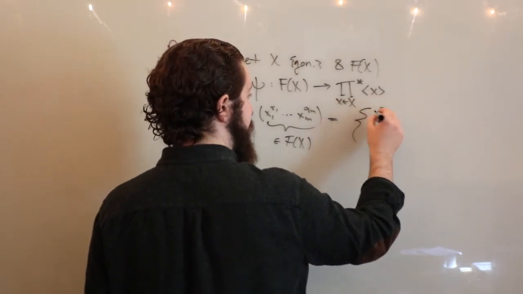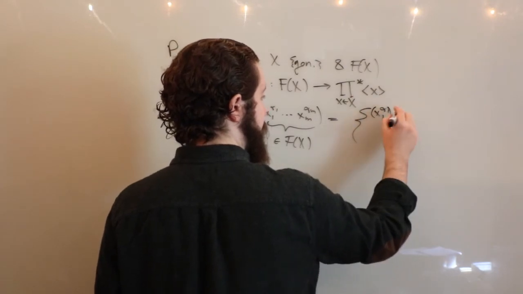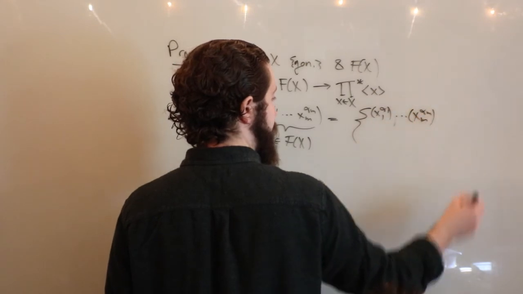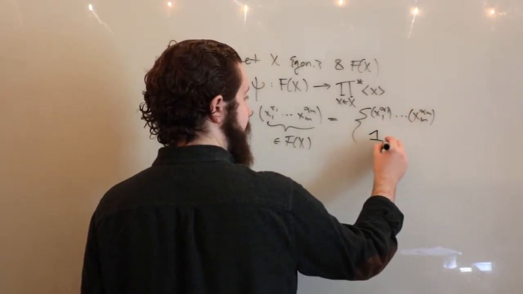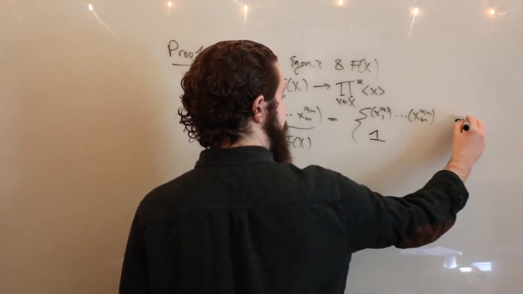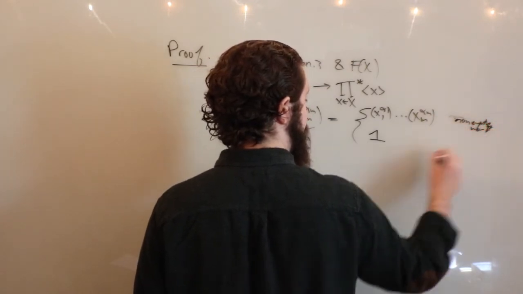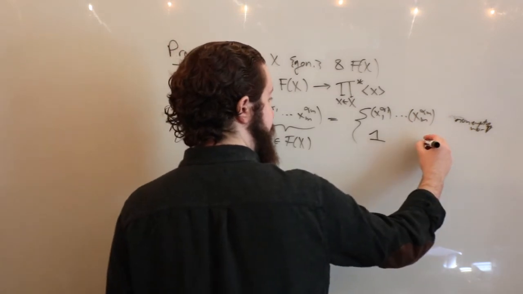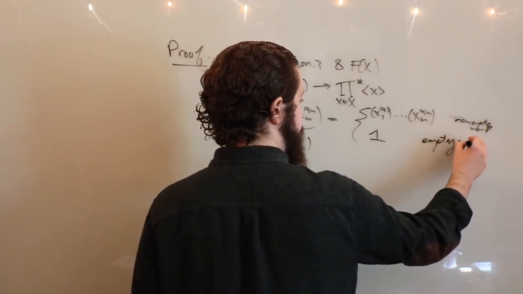x1 to the alpha 1, in parentheses here, xm to the alpha m, for any non-empty word, and it's going to get mapped to the identity in the free product if this x1 to xm is the empty word.